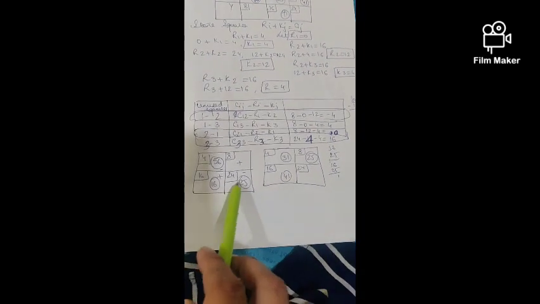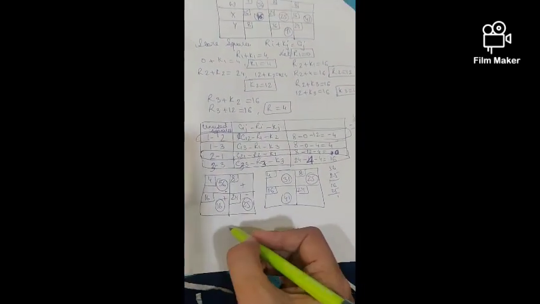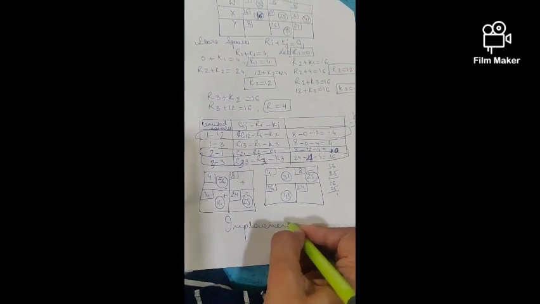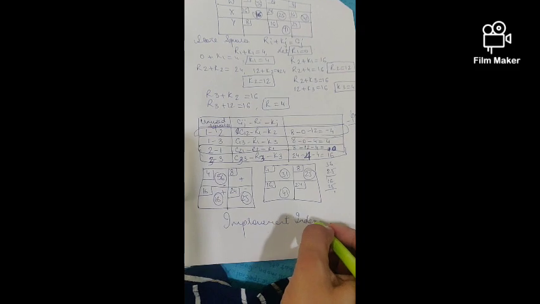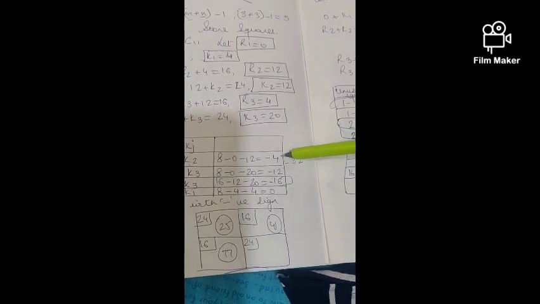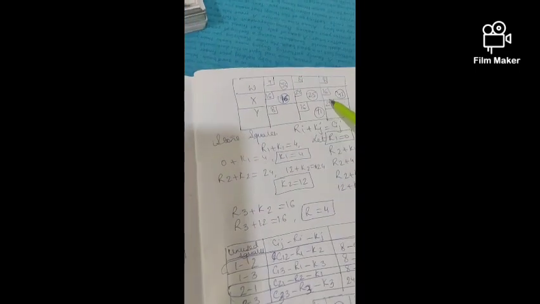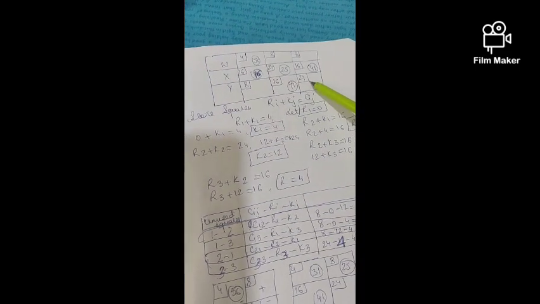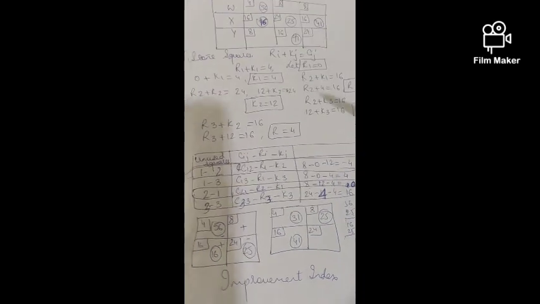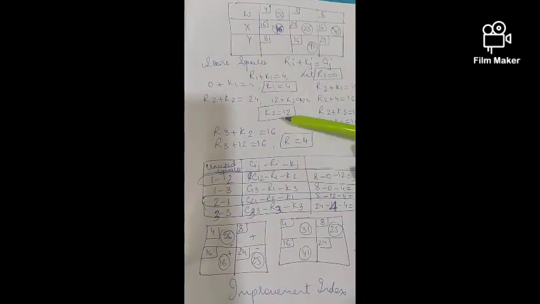Whatever allocations we keep on changing over here, this is known as improvement index. After doing the improvement index, if you are left, either we had to do it all over again because we had 3 negative values, so we did it. And after doing this change in the values, now we are just left with 1 negative value. So there is no need to calculate this stone square values all over again.